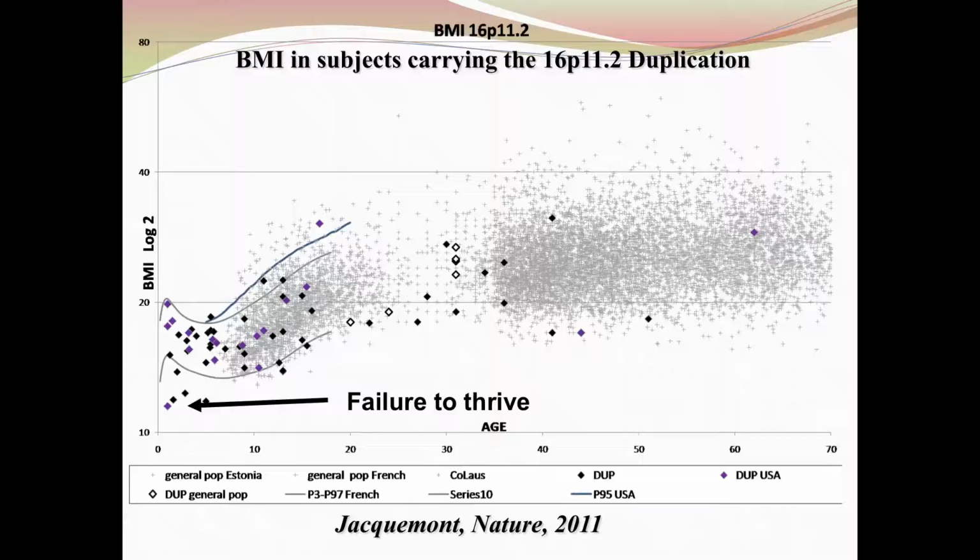But please look at the young age, and you see that there are a lot of children with this duplication who are really skinny, and for some of them, it was noted in their file that they had a failure to thrive. And we found about 5 to 10% of the subjects we analyzed with a failure to thrive having this duplication on chromosome 16p. So that means that it's not only the quality of the DNA, but also the quantity of the DNA that matters.